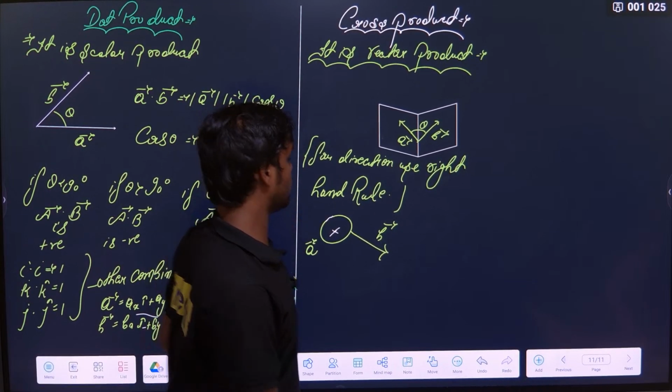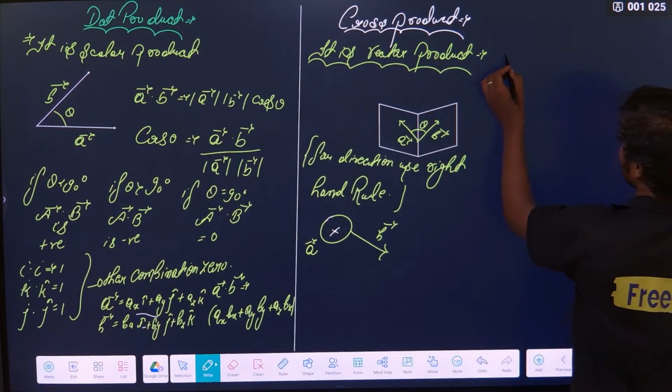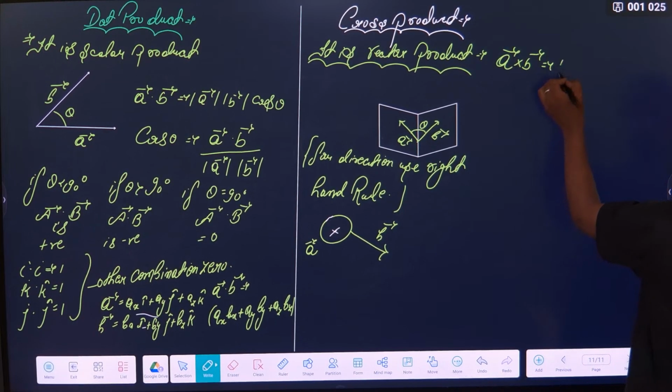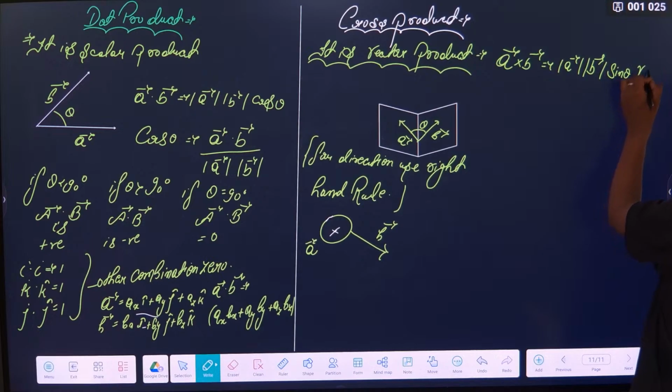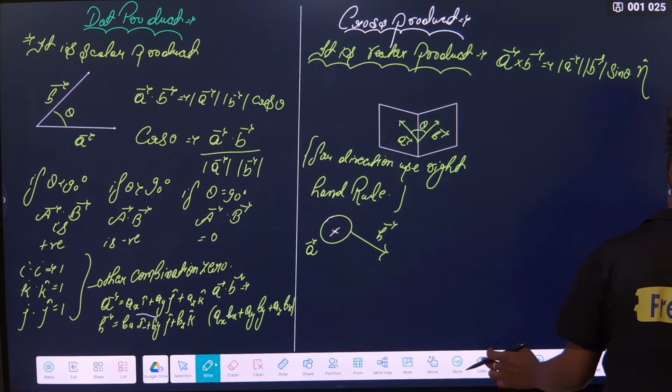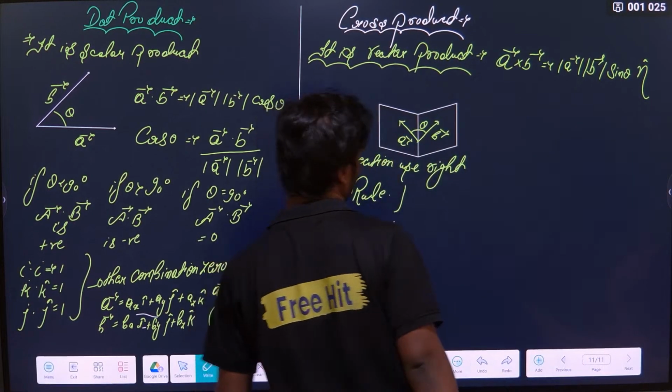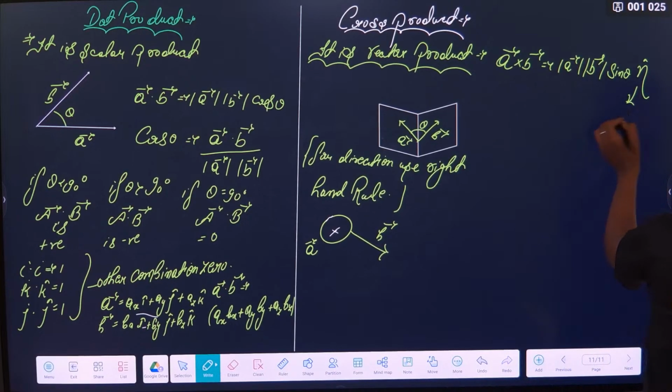A vector cross B vector is defined as mod of A vector into mod of B vector into sine theta into n cap. N cap is a unit vector along C, along the resultant vector. That is the direction. N cap is a unit vector.